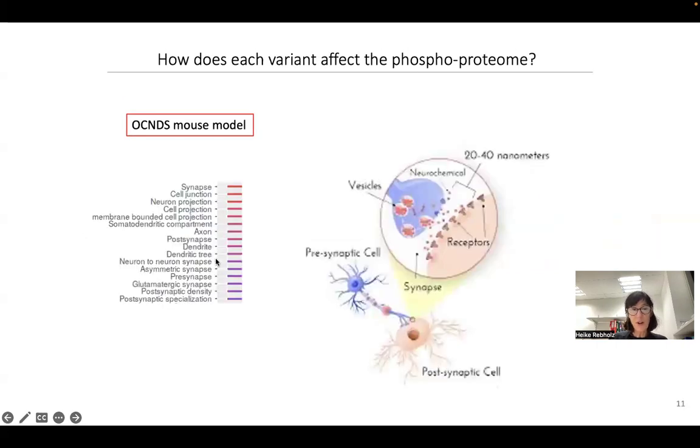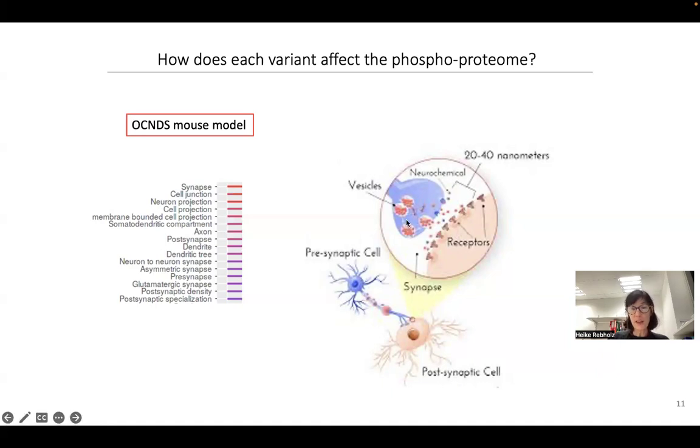And when we look further to see what all these proteins affected in the mouse models of OCNDS do, we find very often the majority of proteins has something to do with what I told you before, that cell-to-cell communication, that synaptic signaling between 2 nerve cells.